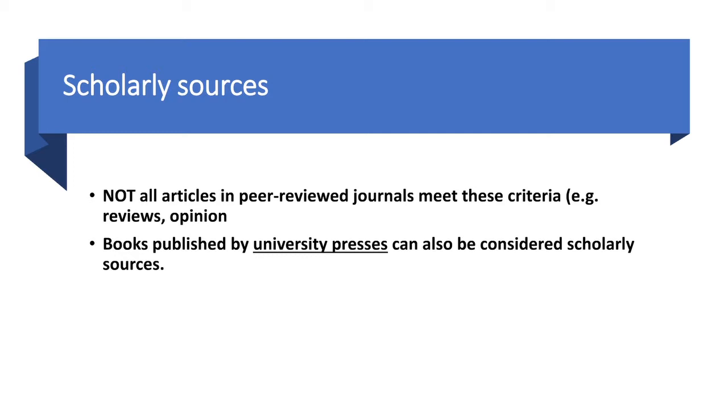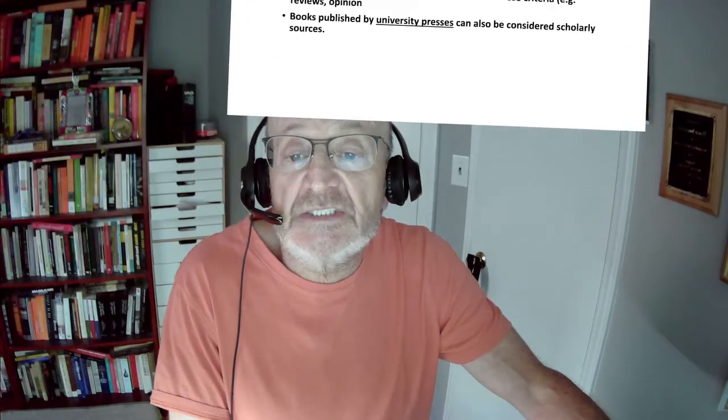For example, review articles, opinion pieces, letters to the editor. None of these are scholarly sources. In addition to articles found in scholarly journals, books published by university presses can be considered scholarly sources. Don't overlook these valuable resources.